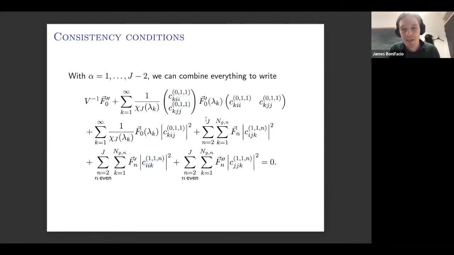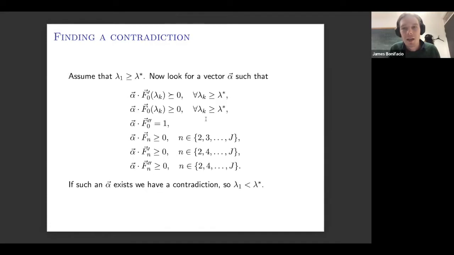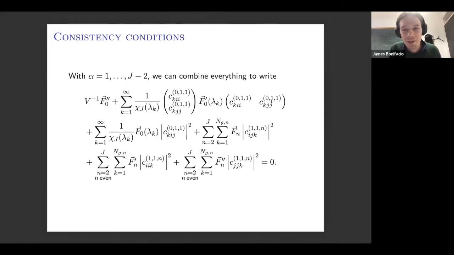How do we get eigenvalue bounds from this system of consistency conditions? The idea is to assume that lambda 1 is greater than or equal to some number, which I'll call lambda star, and then try and find a contradiction. So in particular, we're going to look for some constant vector alpha, such that when I dot alpha into this equation, I get something which leads to a contradiction.